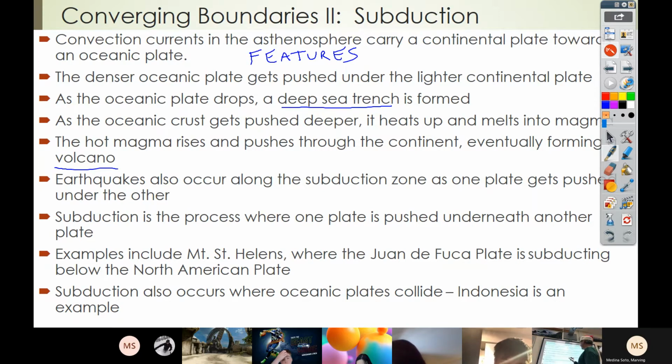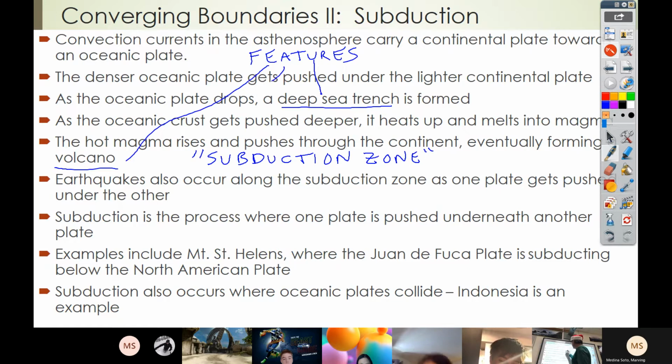Also, we have the subduction zone. That would be another feature. This is the place where subduction is happening. So make a note that we get these three features. Maybe four. We also have earthquakes.